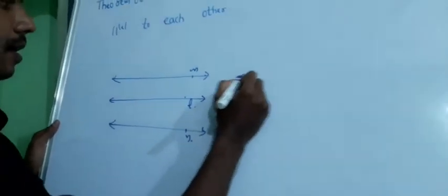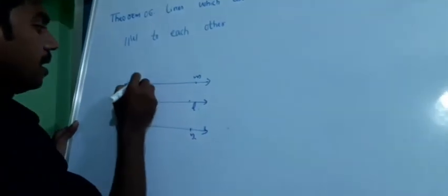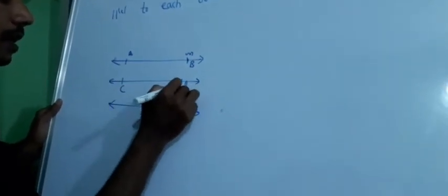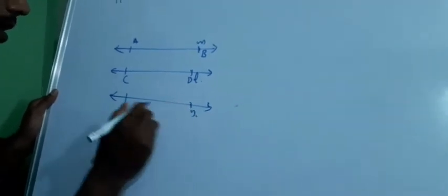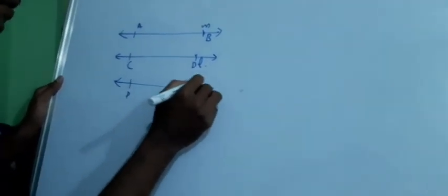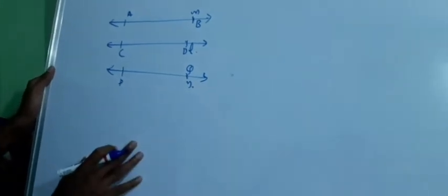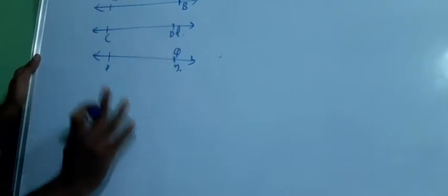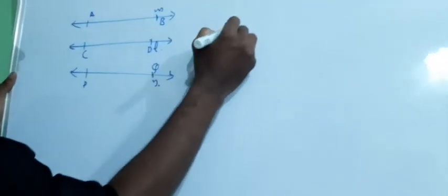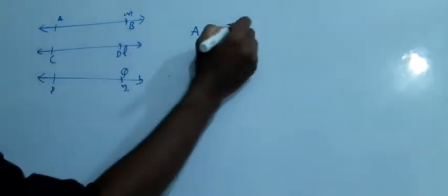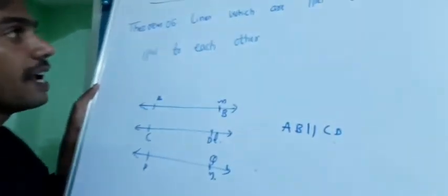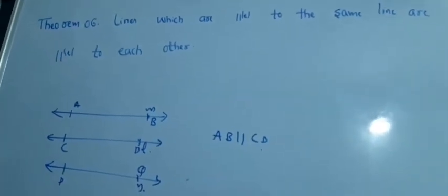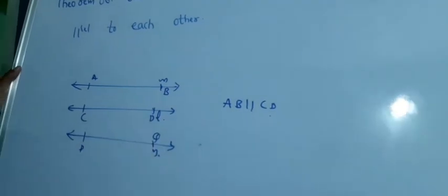See, I'll name them A, B, C, D, P, Q. Okay. Now, in this case, lines M and N are parallel to L. How am I going to represent this? AB is parallel to CD. Theorem 6: lines which are parallel to the same line are parallel to each other. What does it mean? So CD is another line.